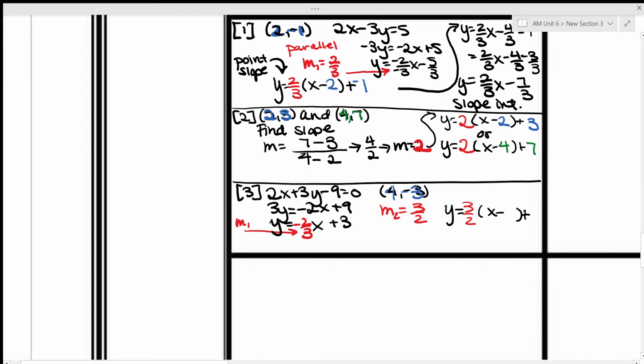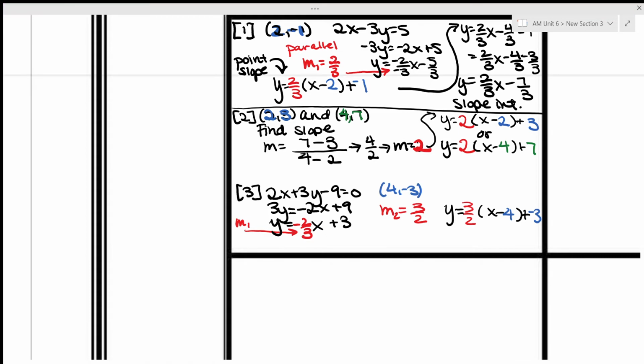That 4 and negative 3. Okay. I'm going to clear that up. Is that plus negative 3? Yes, or you can just write minus 3. Either way is fine. That makes sense. Okay.